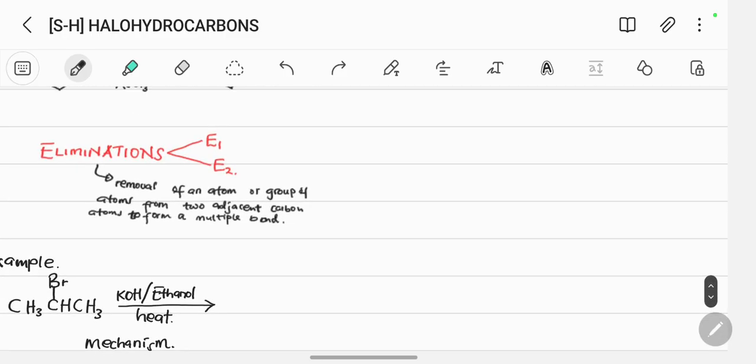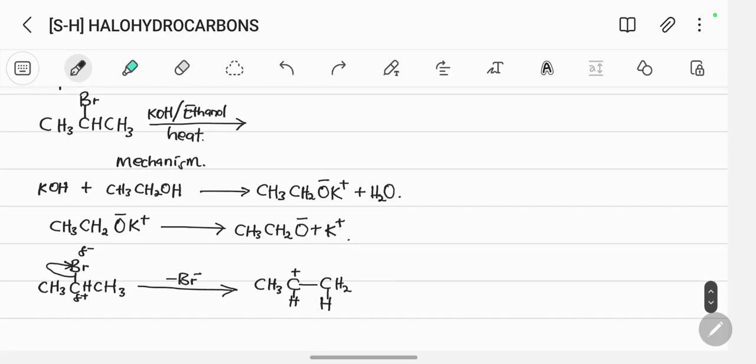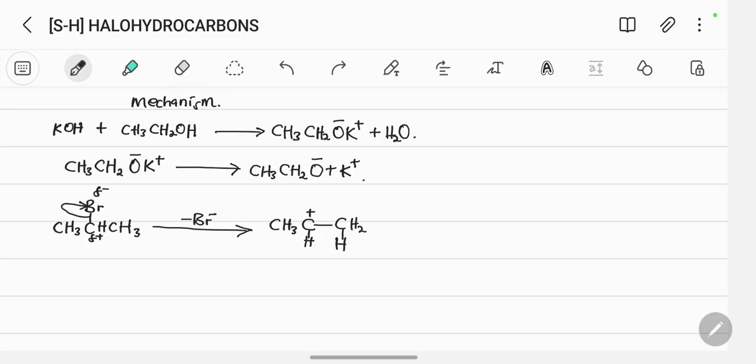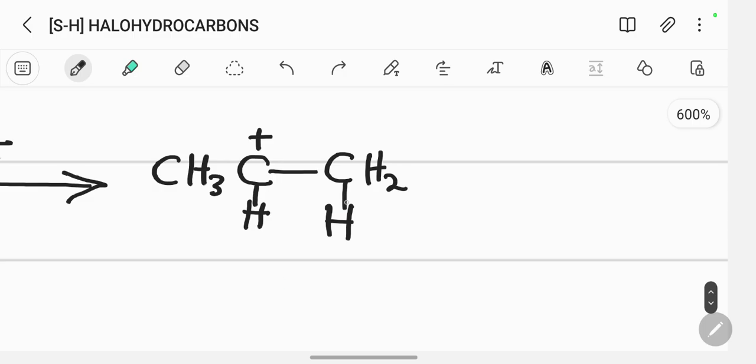So from our definition, removal of an atom or group of atoms from two adjacent carbon atoms to form multiple bonds. So for now, I'm going to remove a group of atoms. I'm removing bromine, I'm going to remove hydrogen. That's why I'm preparing this hydrogen for removal. So this is what is going to happen.